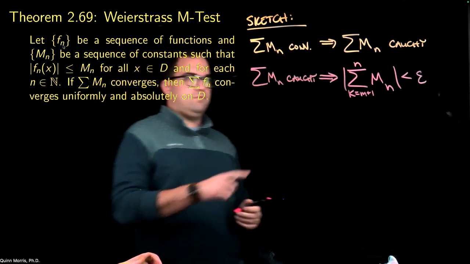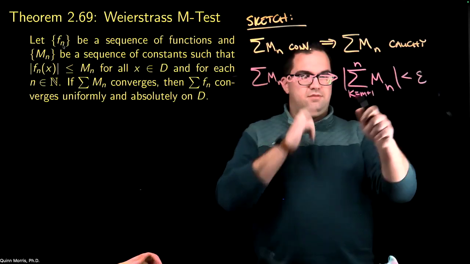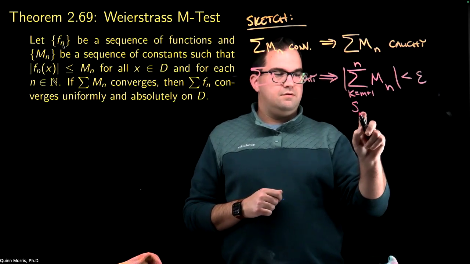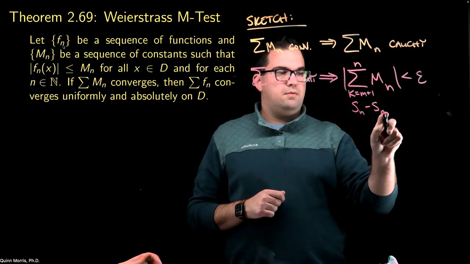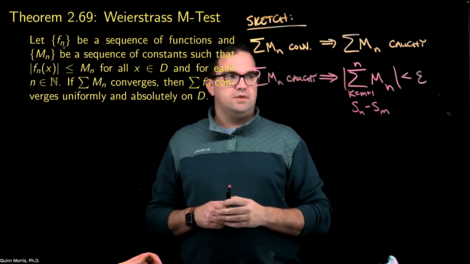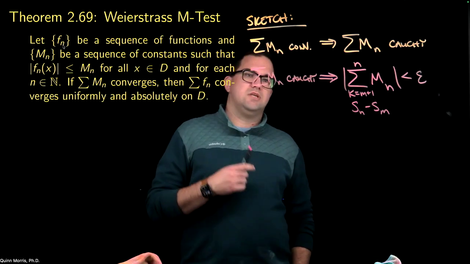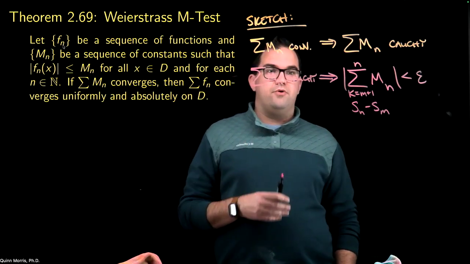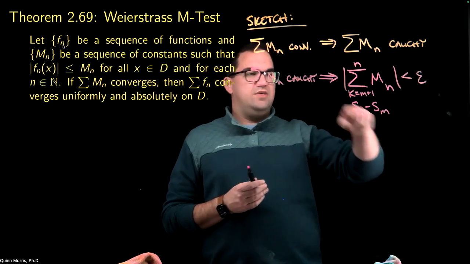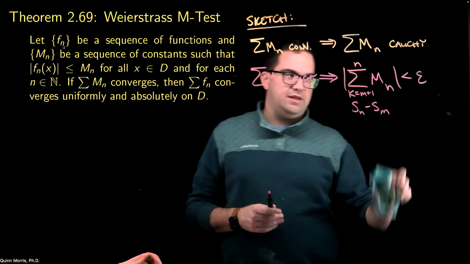What I'm doing here is really the nth partial sum minus the mth partial sum. Formally, it means I can find a capital N such that for all little n and little m greater than that capital N, this holds, and I can do that for any epsilon.